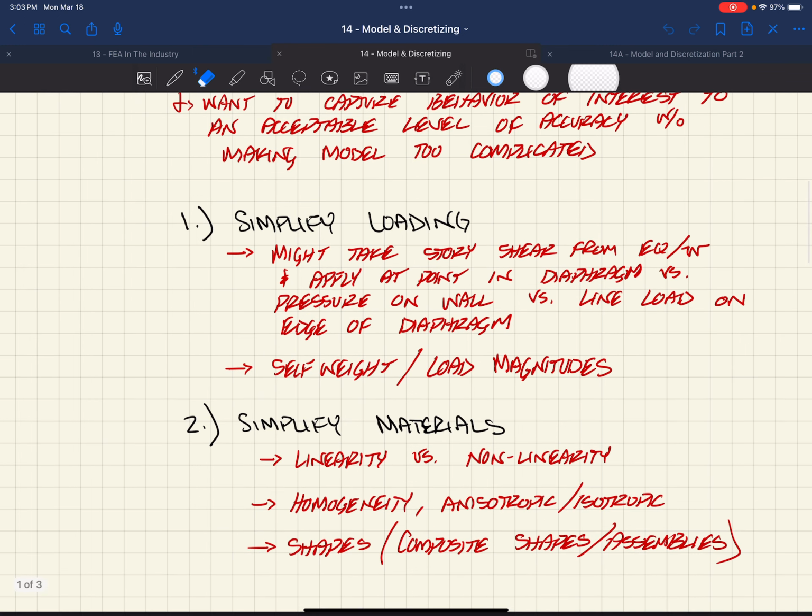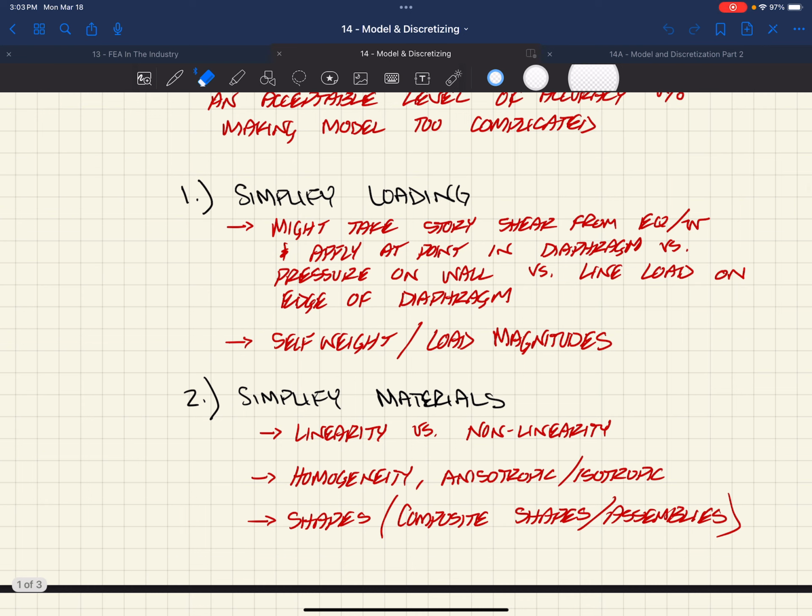And so we simplify loading. We might take story shear from the earthquake or the wind and apply it as a point load in the diaphragm, a pressure on the wall, or a line load on the edge of the diaphragm, right? There's a lot of different ways we could load our building to get the same shear forces within it. It's just going to change the load path, which is going to change our results in some cases.